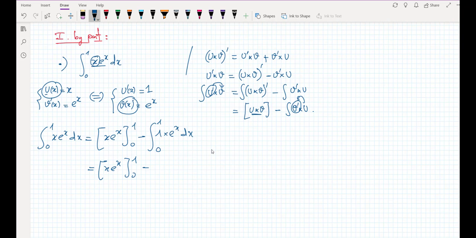What is the primitive function of exponential x? It is exponential x. And this is exactly x exponential x minus exponential x between 0 and 1, which is, if replaced by 1, e minus e. If replaced by 0, this is 0, this is minus, so it becomes plus exponential of 0, which is 1. So it's 1.